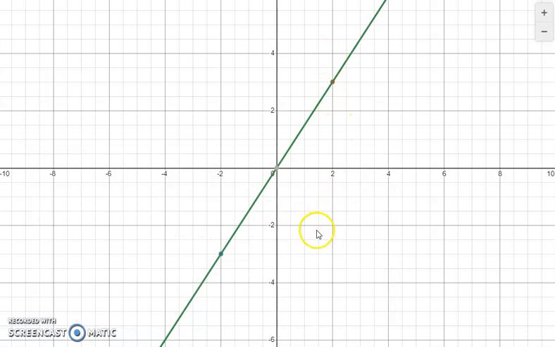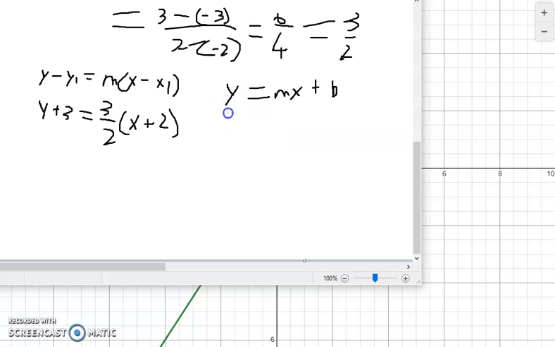And the y-intercept is basically where the line crosses the y-axis. So in this case, the line crosses the y-axis at 0, so you could say that y is equal to 3/2 x. That's another way of writing the equation of this line.